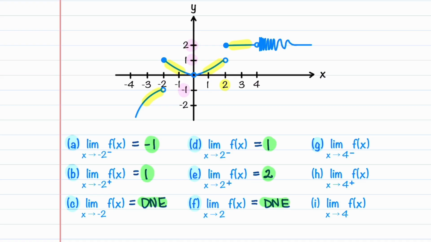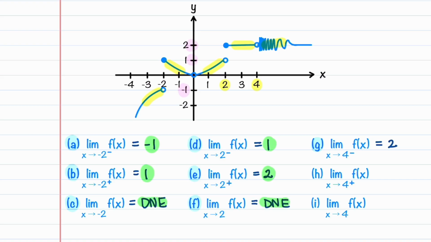We're first going to look at the limit as x approaches 4, so let's put our eyes here on 4. We're going to look at what happens as we approach 4 from the left. So we're going to go this way, and you can see that our function is going to approach the value 2. So this is equal to 2. Now let's see what happens as we approach from the right.